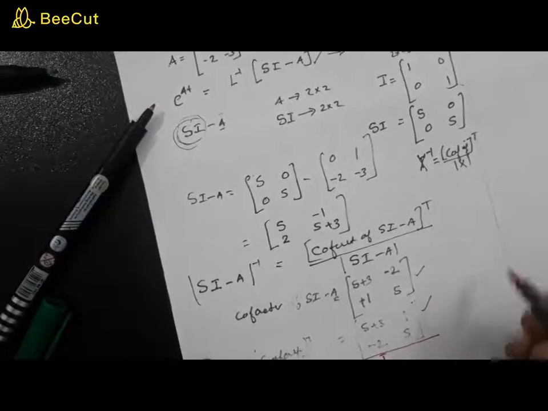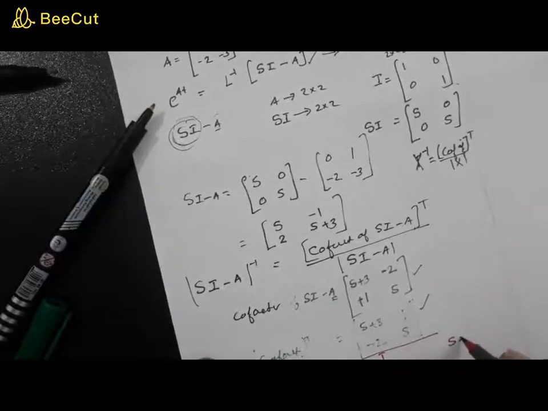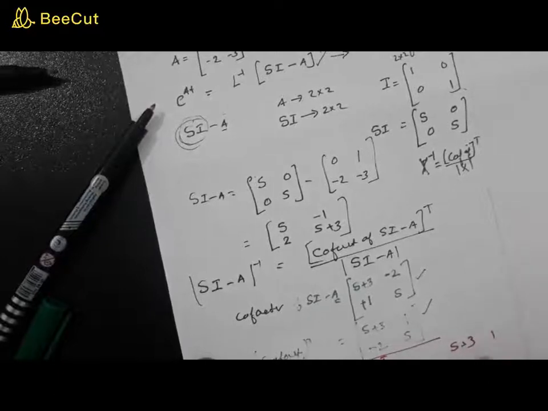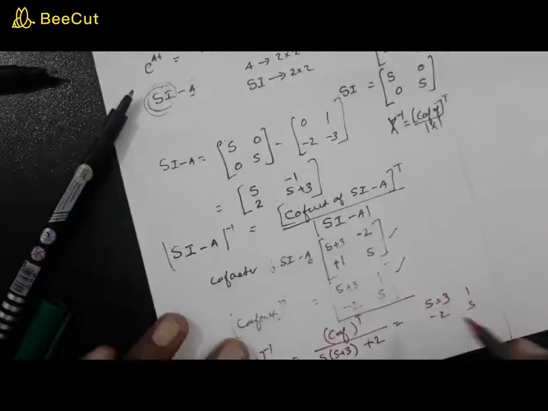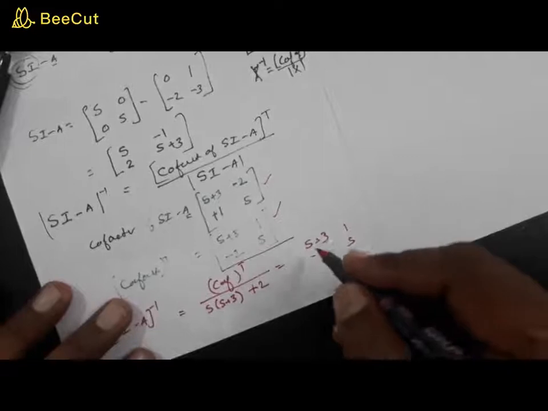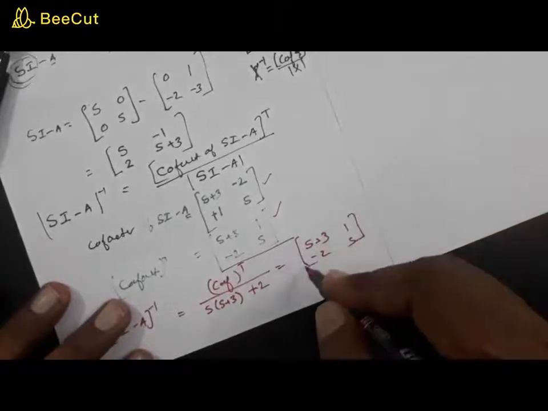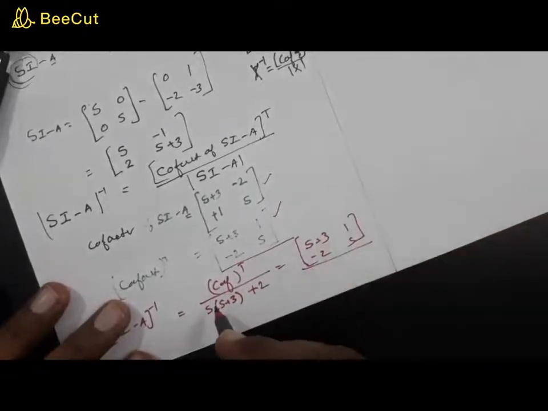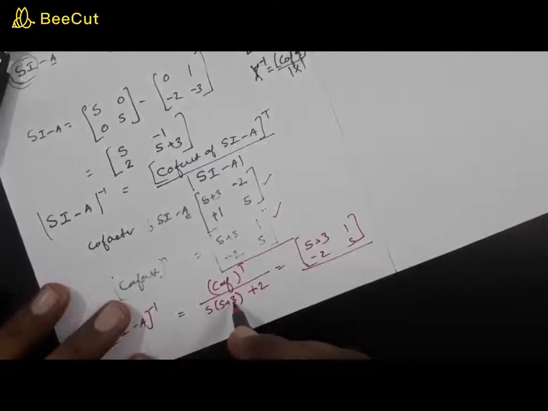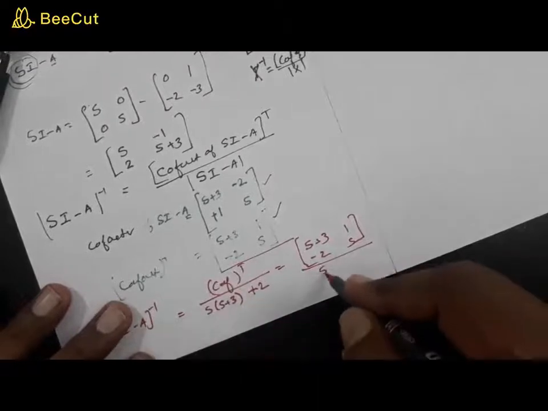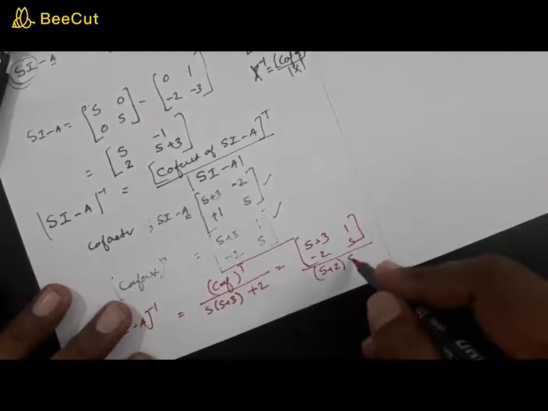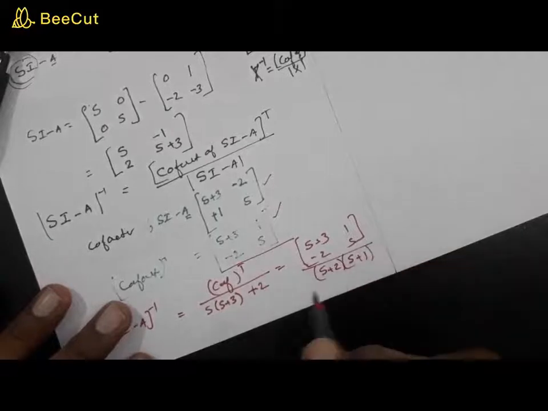So that means you will be writing this as the matrix S plus 3, 1, minus 2, S, divided by S square plus 3S plus 2. That can be factorized as S plus 2 into S plus 1.